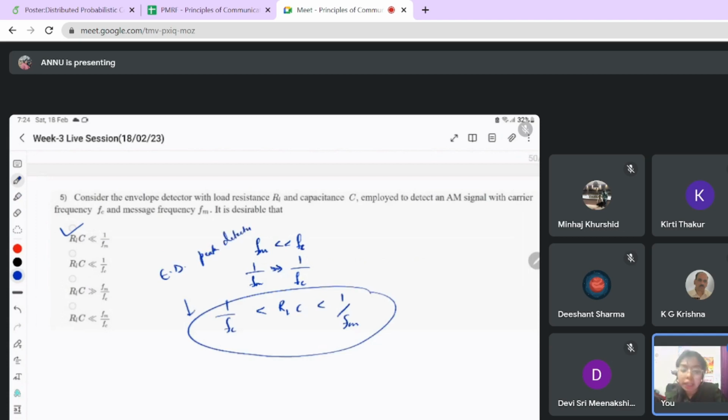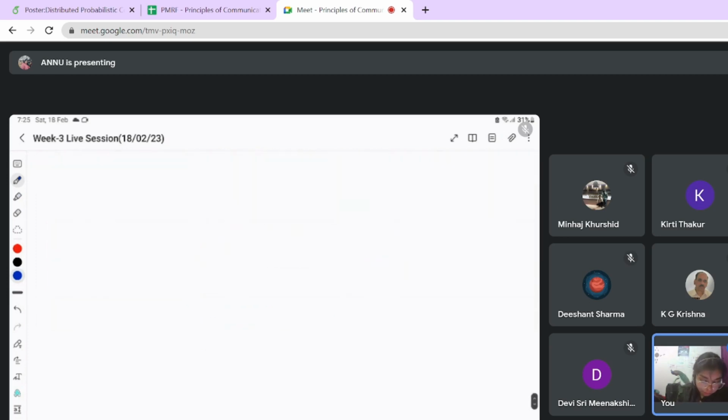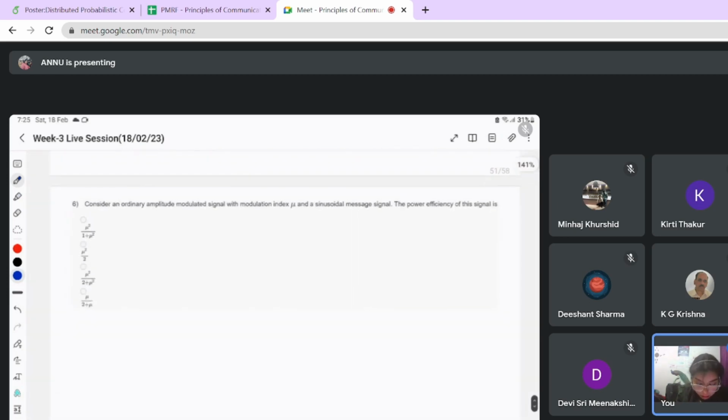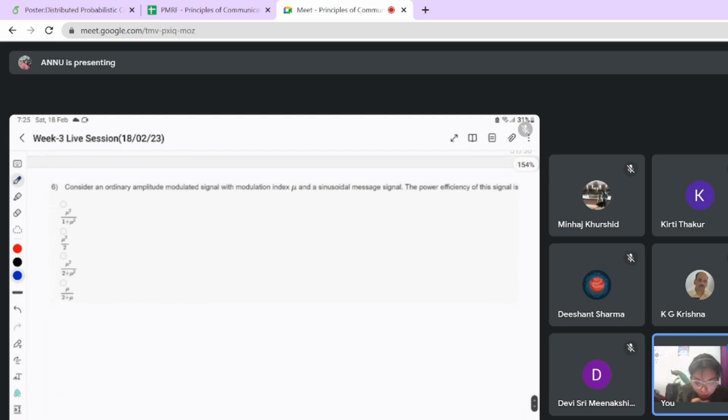In your analog electronics you may have come across peak detection, clipper and clamper circuits. The envelope detection is one of the clamp circuits, so you can cross verify there also. Consider an ordinary amplitude modulated signal with modulation index mu and a sinusoidal message signal m(t).